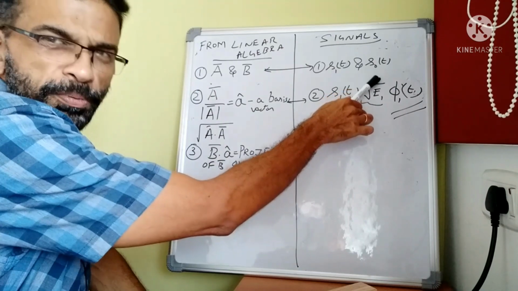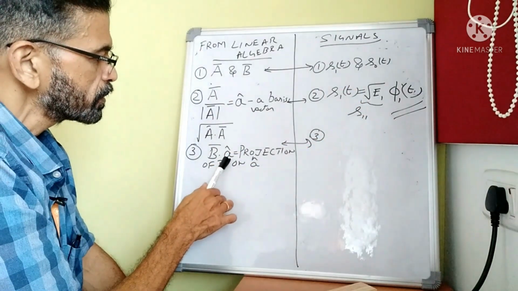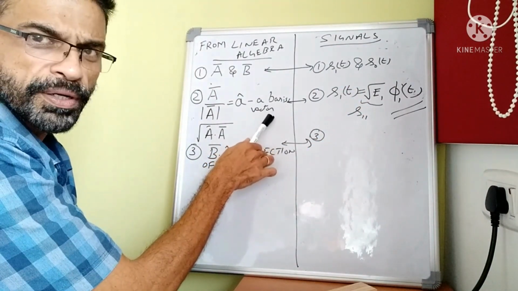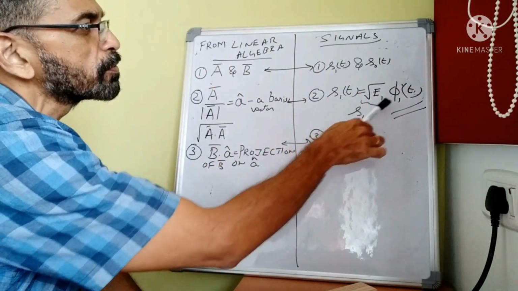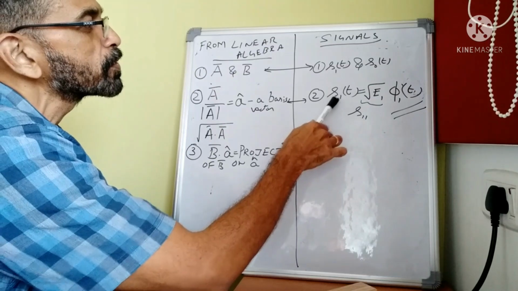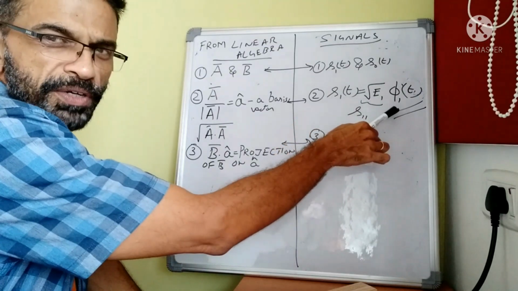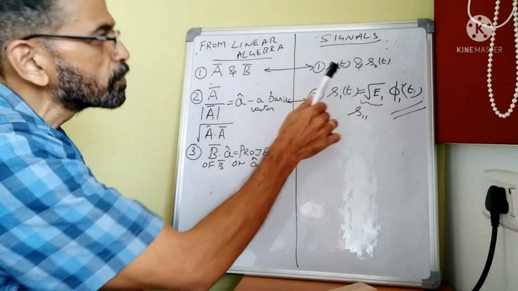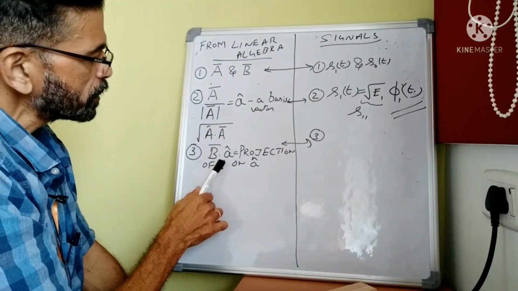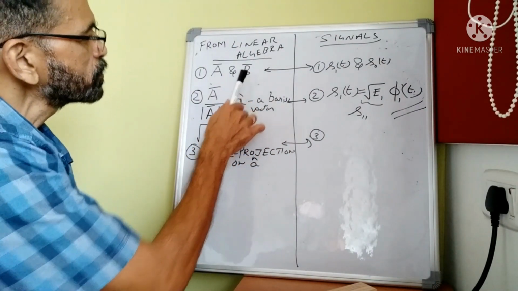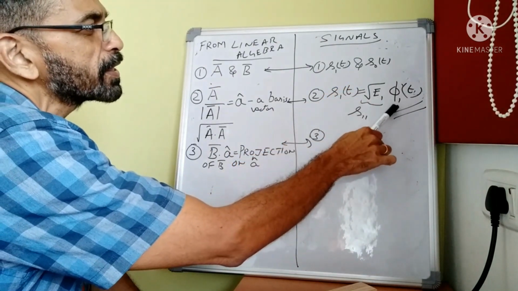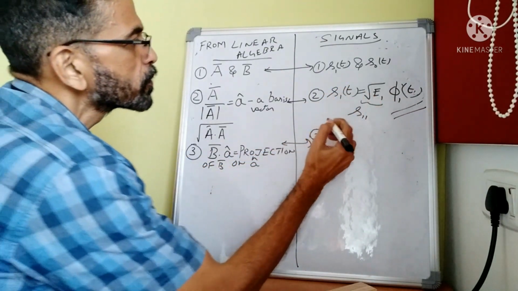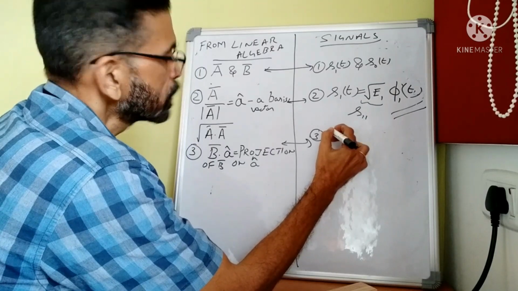I have to take an inner product of this and the basis which I got, which is phi 1t. Earlier, if you recall, we had S1 of t by root E1 is phi 1t. So B dot A cap, that is the inner product between B and A cap, will be an inner product between S0 t and phi 1t.